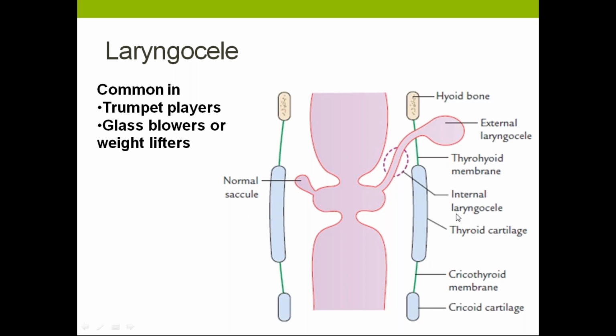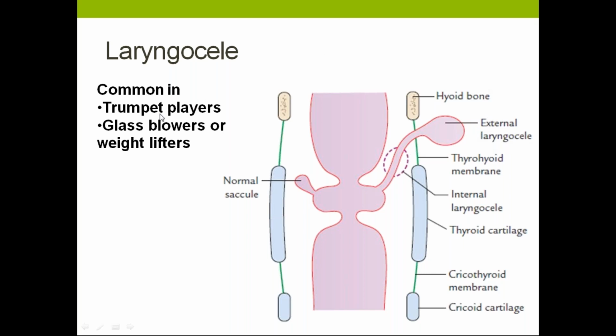This may be internal or external. A laryngocele is nothing but a dilated sac of the saccule of the larynx, which is seen either inside the thyroid lamina, or sometimes it will pierce the thyroid membrane and come out. This type of swelling is called an external laryngocele.